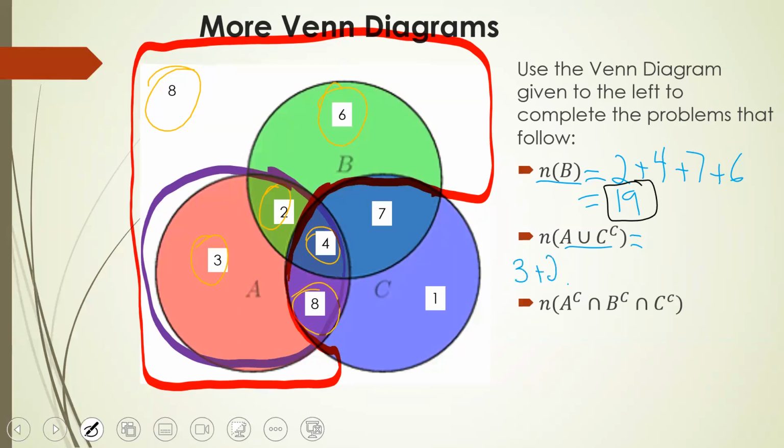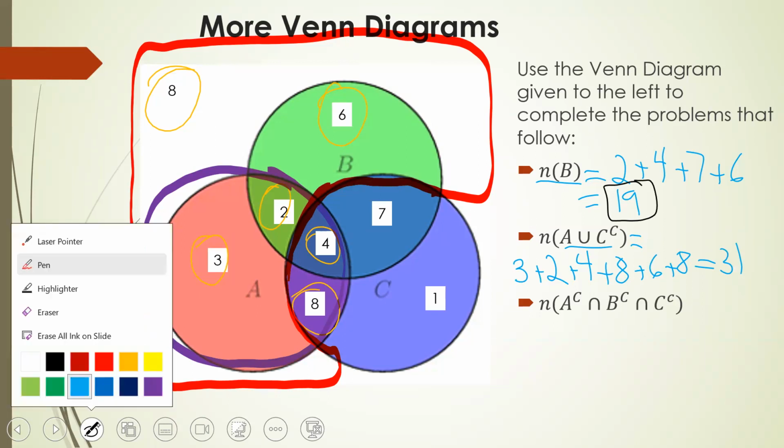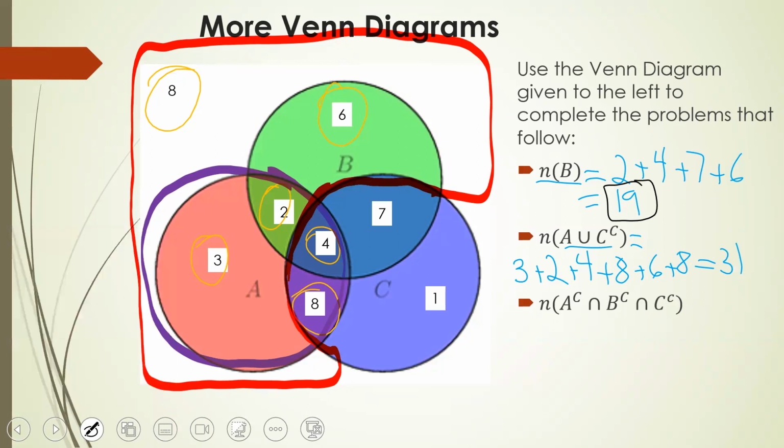So I have 3 plus 2 plus 4 plus 8 plus the 6 plus the second 8. And I believe if we add all those numbers together, we end up with 31. And so in the set A union C complement, we end up with 31 elements.